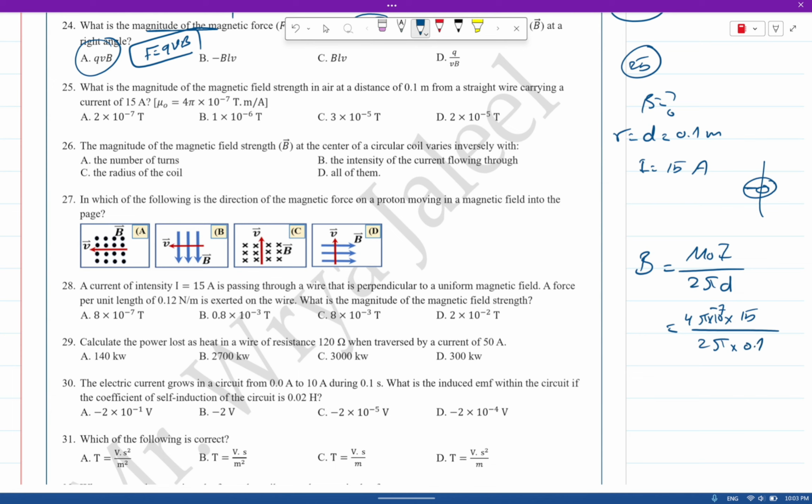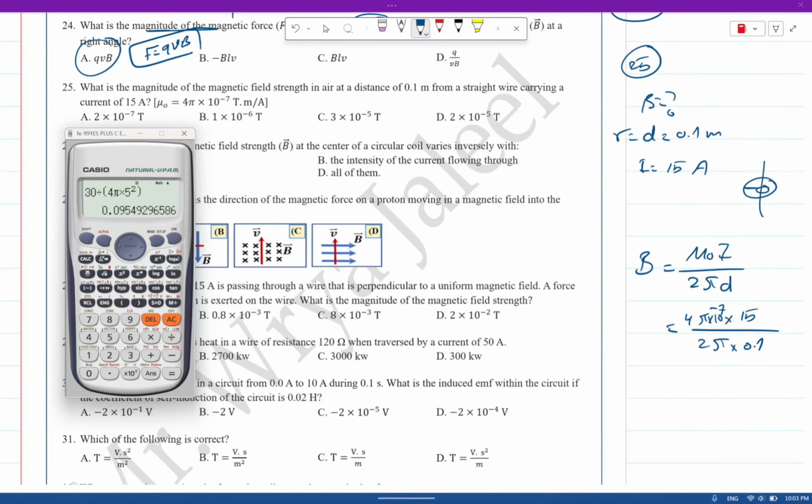All right, let's do the math and see what it is. That is 4 pi multiplied by 10 to the power negative 7, multiplied by 15, equal to, and then divided.